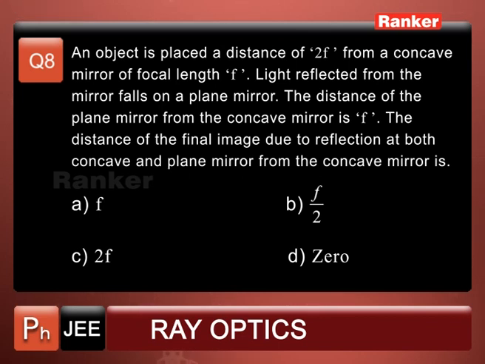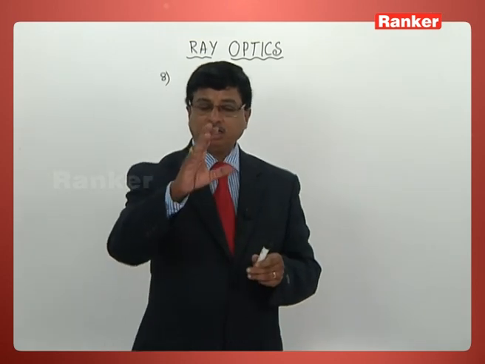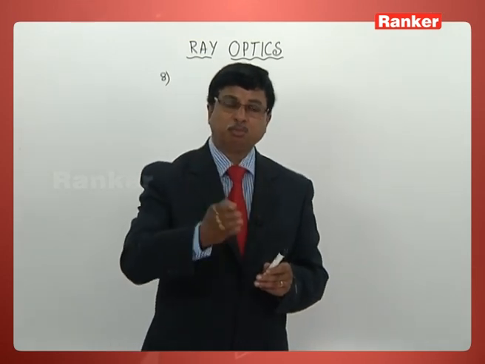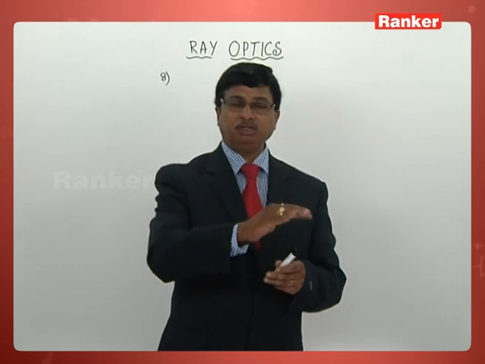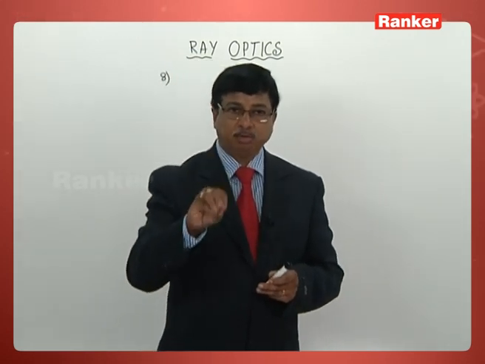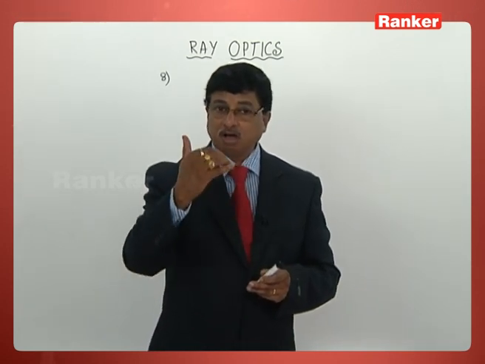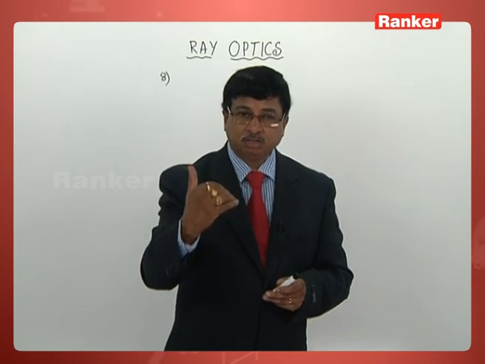The distance of the final image due to reflection at both concave and plane mirrors from the concave mirror is how much? So, he is talking about after the reflection is taking place on both the mirrors, the final image is going to be formed somewhere. Where is that final image formed and what is the distance to that final image from the concave mirror? That is the question he is asking.